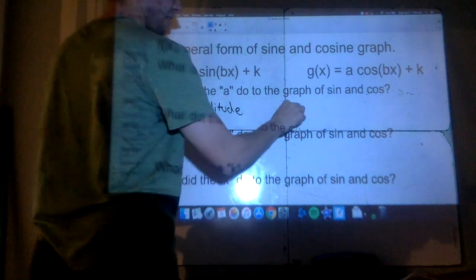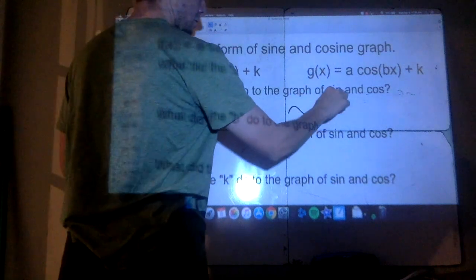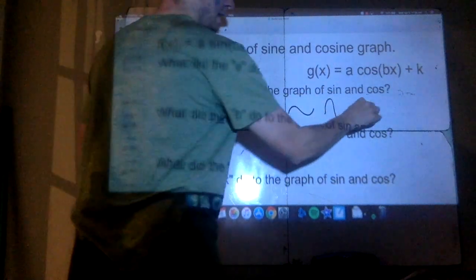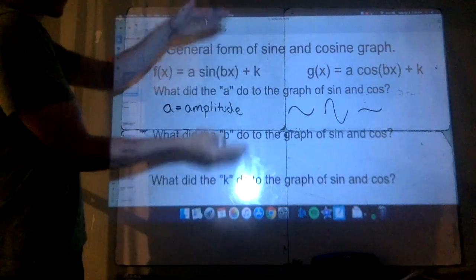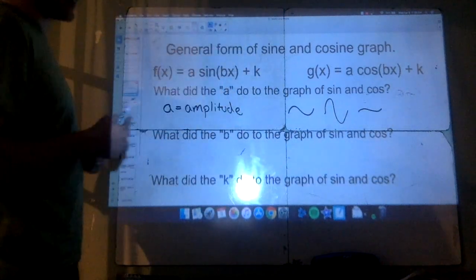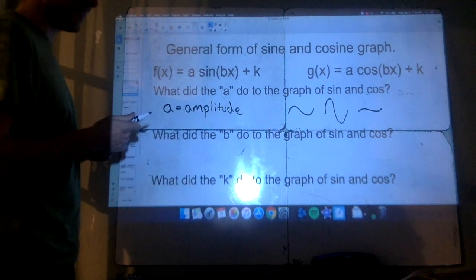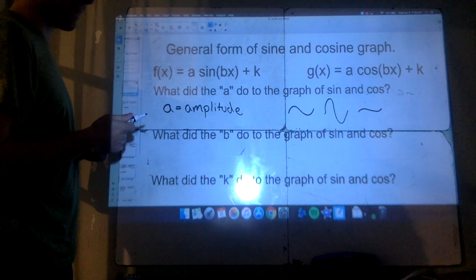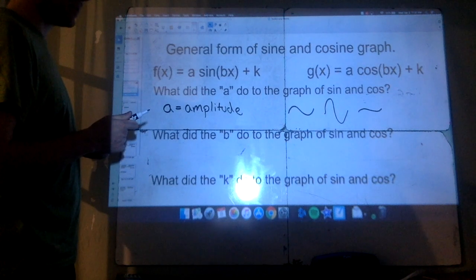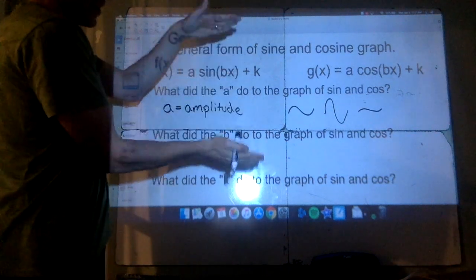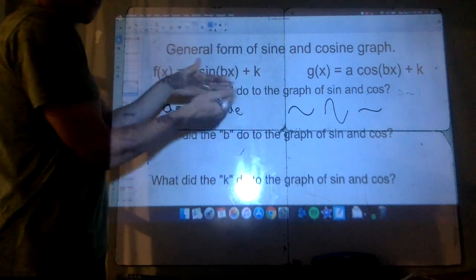So it changed our graph from here to here. Or could be lower, like that. It changes how stretched or compressed that is. So it changes how tall or short our graph is.